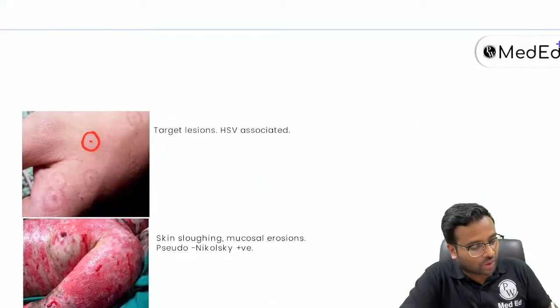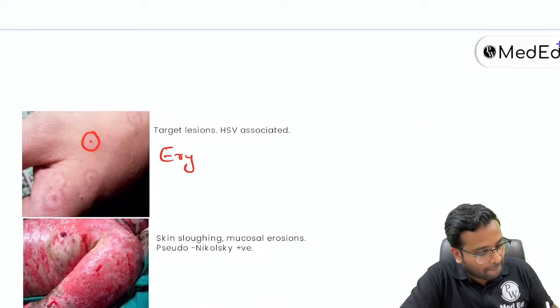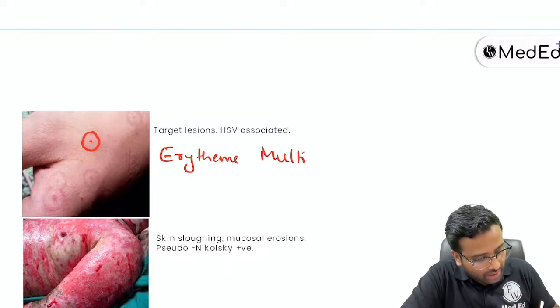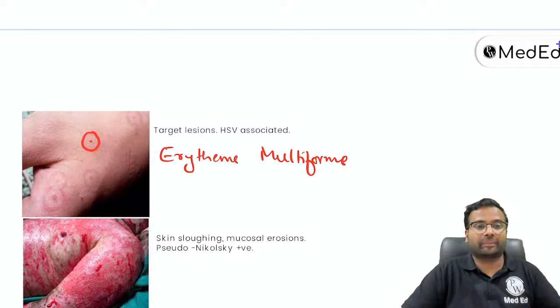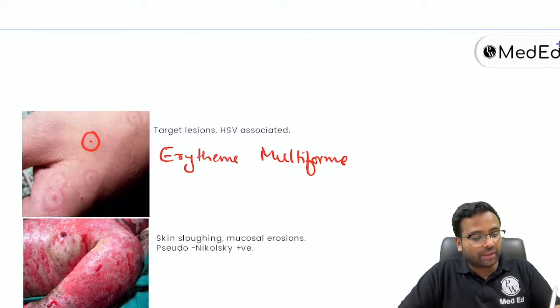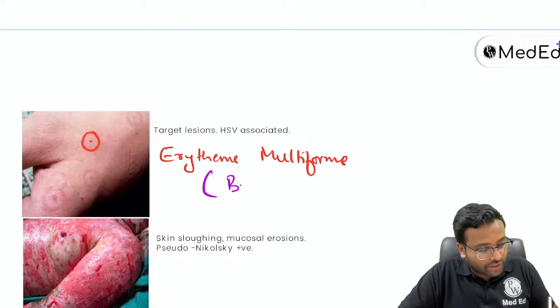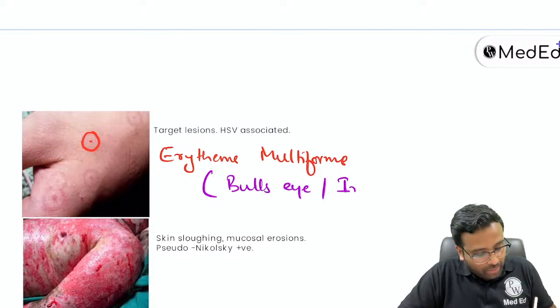This is called erythema multiforme. Please remember, the question on the day of the exam may say target lesion, or bullseye lesion, or iris lesion.